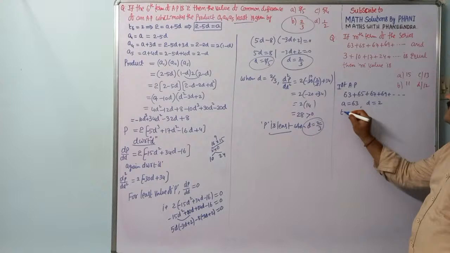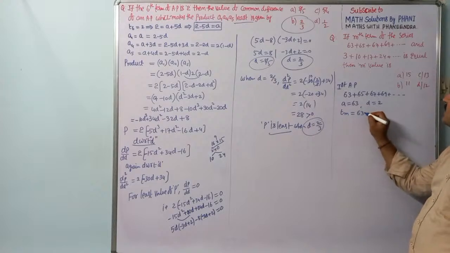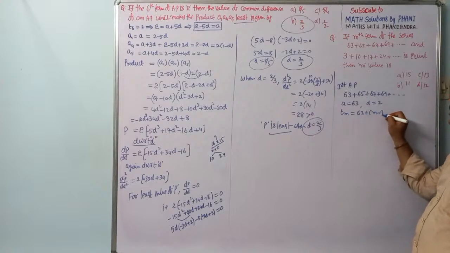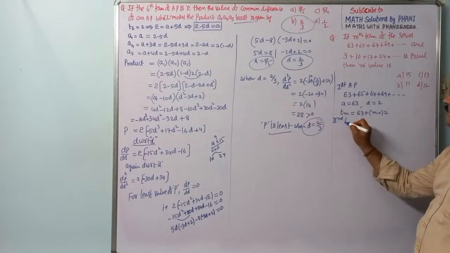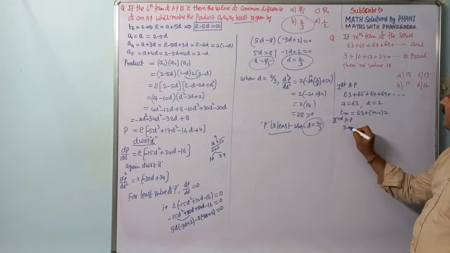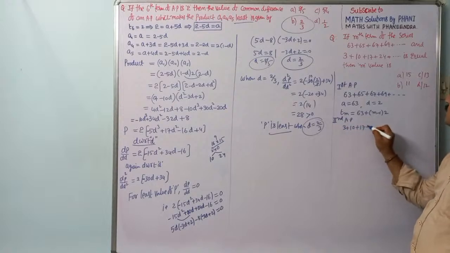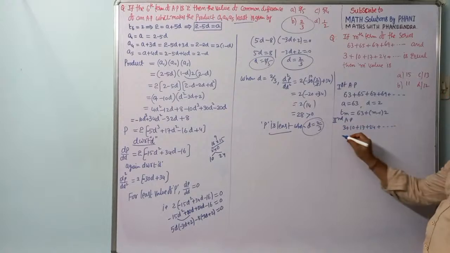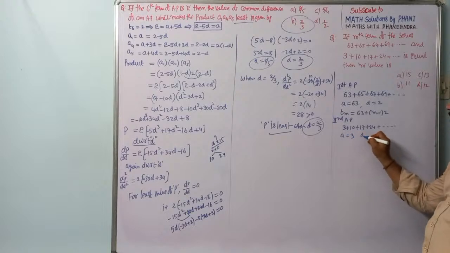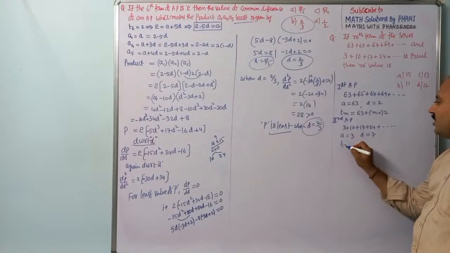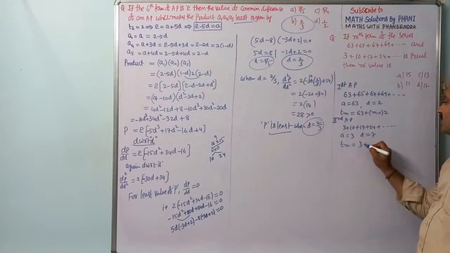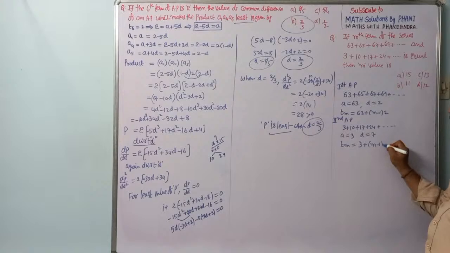So nth term, Tm equal to A plus m minus 1 into D. Second AP. What is the second AP? 3 plus 10 plus 17 plus 24 plus and so on. A equal to 3 and D equal to 7. 10 minus 3, 17 minus 10. So Tm equal to, in this also, 3 plus m minus 1 into D.